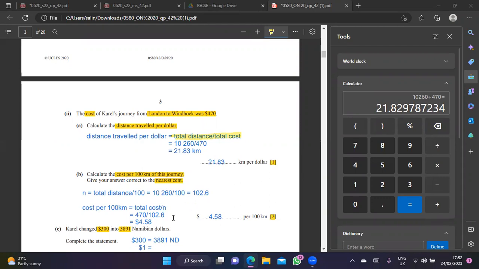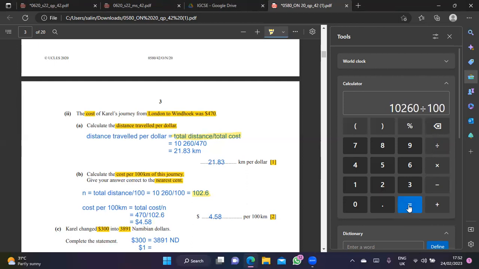Now, in order to find the cost per 100 kilometer, take the total cost divided by how many 100 kilometers you have, which we calculated just now. So 10260 divided by 100.